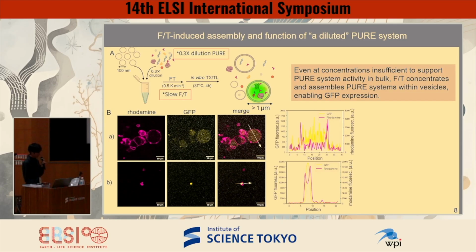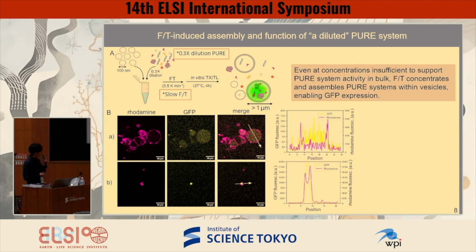So next, we asked whether freeze-thaw could concentrate PURE system in a diluted environment. To test this, we used 0.3 times diluted PURE system instead of non-diluted PURE system and performed freeze-thaw cycles. In the bulk condition, this PURE concentration doesn't work.